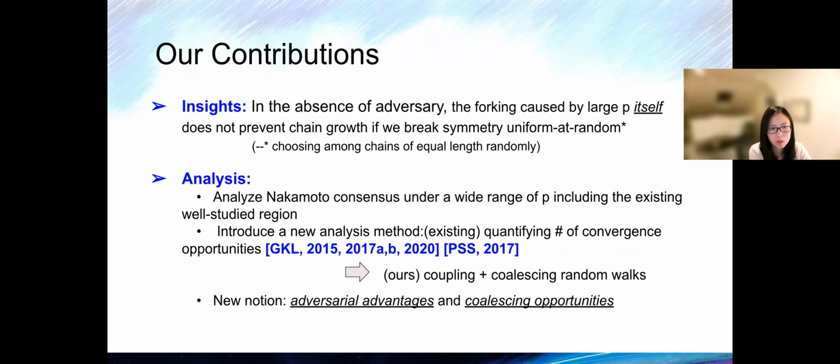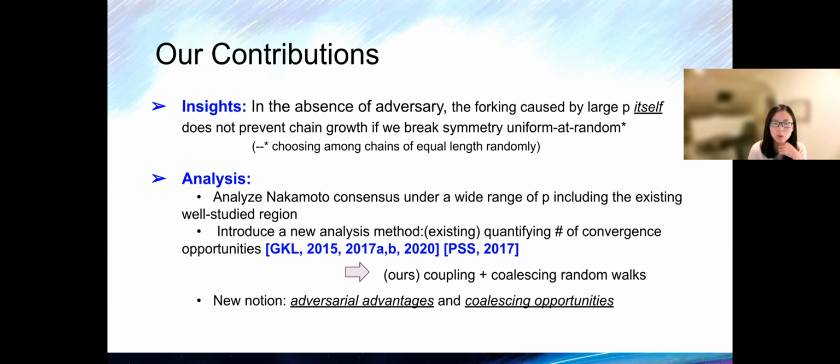In terms of methodology, we introduced a new analysis method. Departing from existing popular analysis methods, which are based on quantifying the number of occurrence opportunities, in our analysis we couple the forks of longest chains with the coalescing time of random walks on complete graphs.